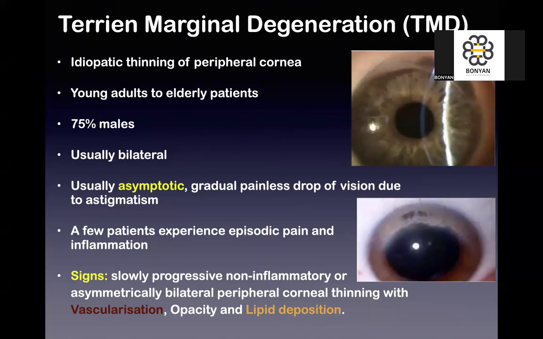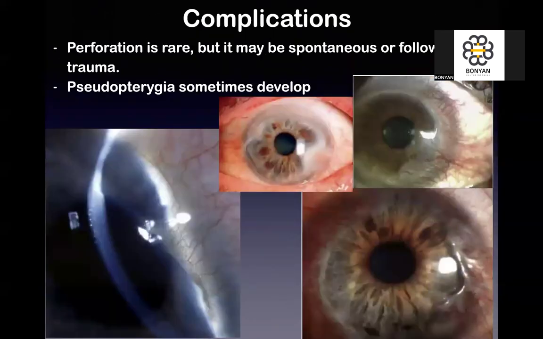This is the Terrien marginal degeneration, which should be differentiated from the arcus senilis, the peripheral corneal degeneration, and Mooren's ulcer. Perforation is rare because it's less progressive. It's not like Mooren's, but it may be spontaneous or following minor trauma. The cornea will be very weak and vulnerable.